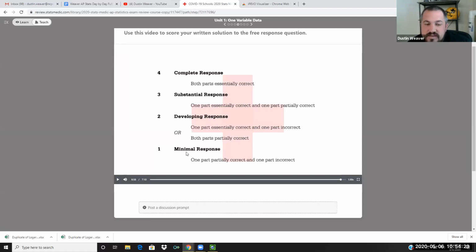And notice how they score these: minimal, developing, substantial, and complete. Okay? And so what you're hoping for is in each part to get at least a partial and hopefully an essentially correct in some of the parts. But notice that you can still make an average score. So a 2 is an average score that you see if you get one part essentially correct and miss the entire other part.